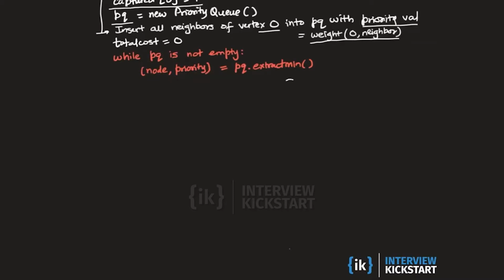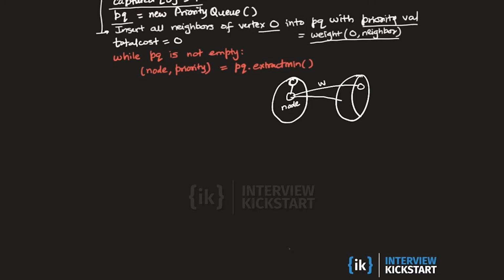The problem with the previous implementation was that if we had this node that we capture and we look at all its neighbors in the adjacency list of that node, it's possible that one of the neighbors could lie here in the same captured set, in which case we don't do anything. But it's also possible that one of the neighbors could lie undiscovered here, in which case we add it to the priority queue with a priority value equal to the weight of this edge.